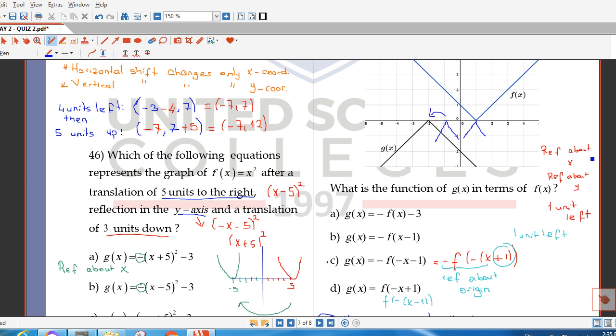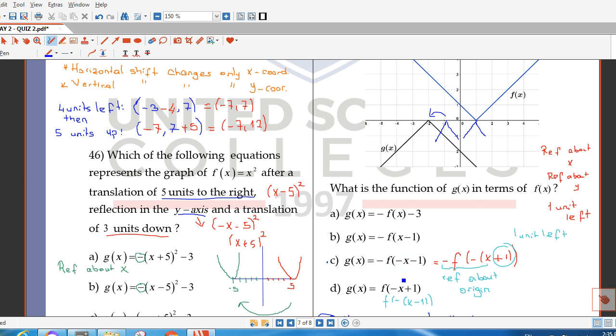These are the order of transformation: reflection about x, reflection about y, then one unit to the left. The first one is reflection, then 3 units up. It is not possible.